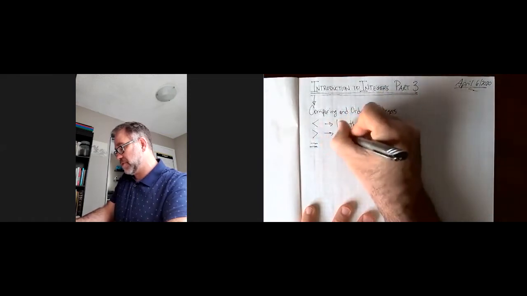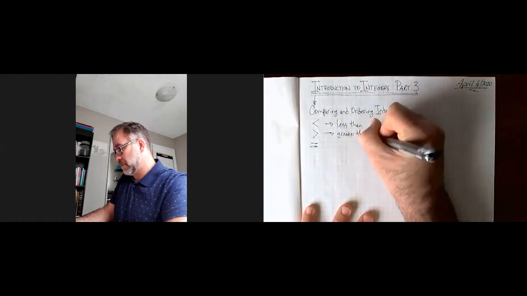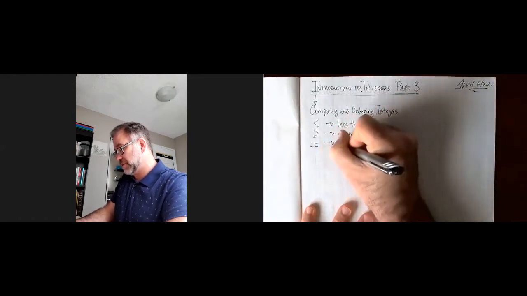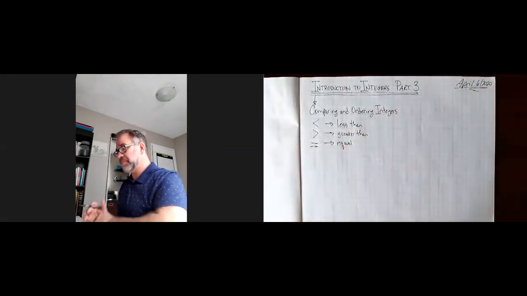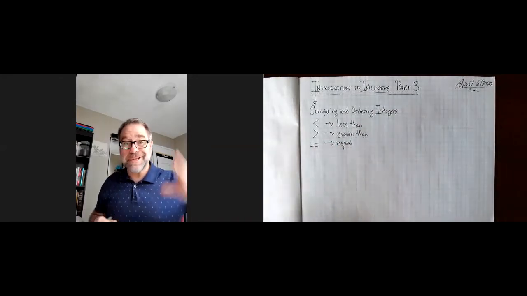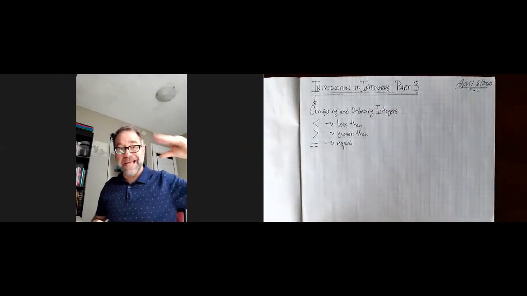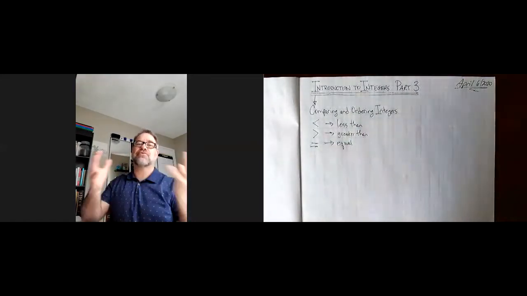This would be your greater than. And this, of course, is your equal sign. And remember, just like you learned when you were a little kid, the Pac-Man or the alligator mouth opens up towards the value that is greater than.